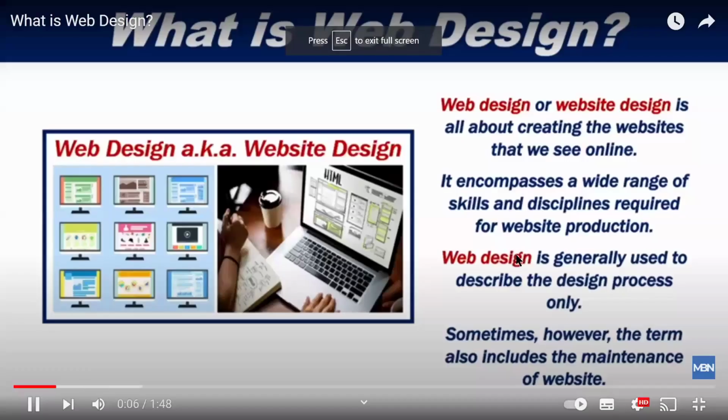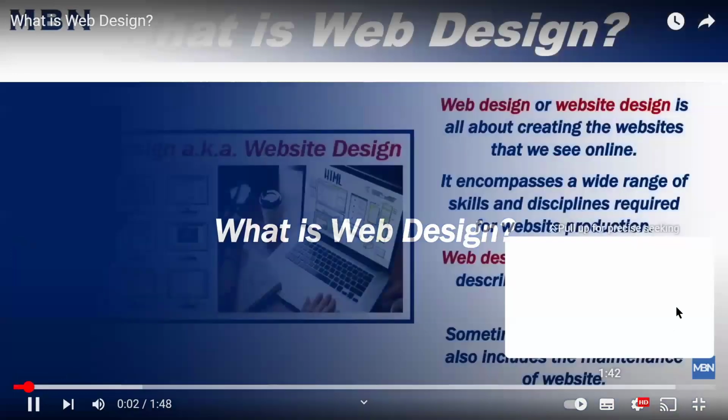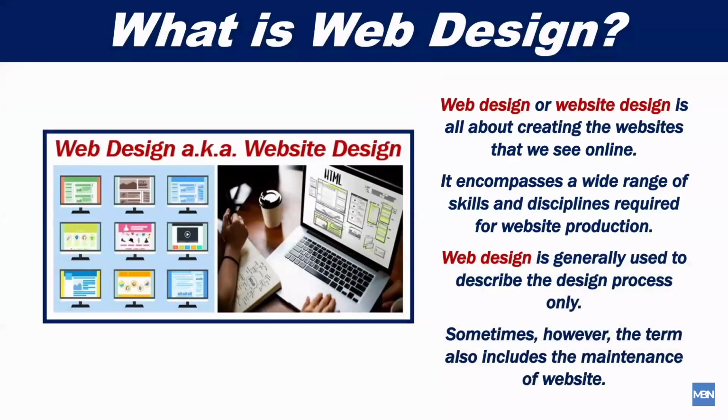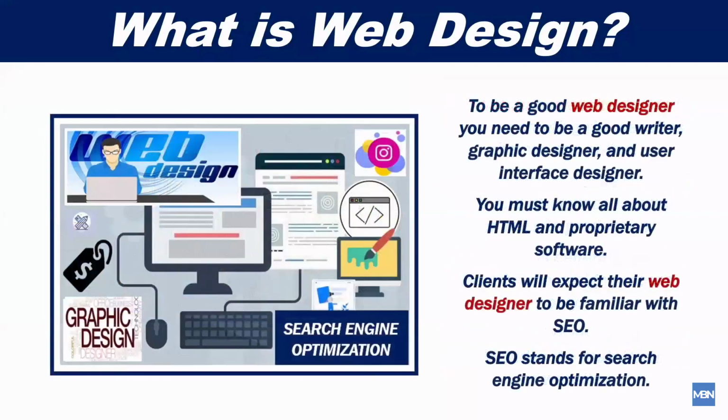Web design is all about creating the websites that we see online. It encompasses a wide range of skills and disciplines required for website production. Web design is generally used to describe the design process only. Sometimes, however, the term also includes the maintenance of websites. To be a good web designer, you need to be a good writer, graphic designer, and user interface designer.